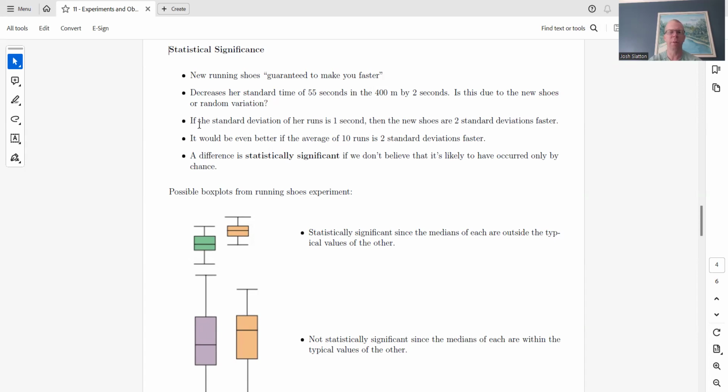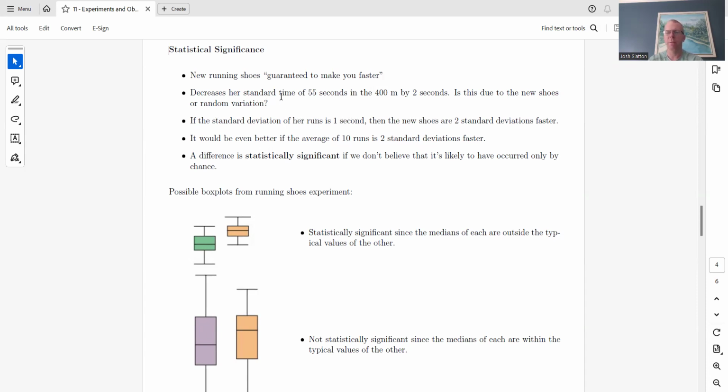If the standard deviation of her runs is 1 second, then the new shoes are 2 standard deviations faster. In other words, standard deviation would be 0.5 seconds. So 1 second would be 2 away. It would be even better if the average of 10 runs is 2 standard deviations faster.